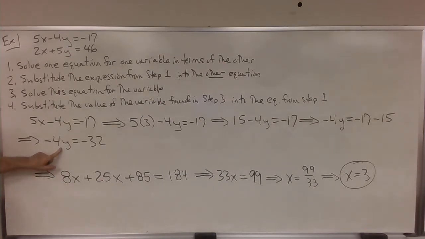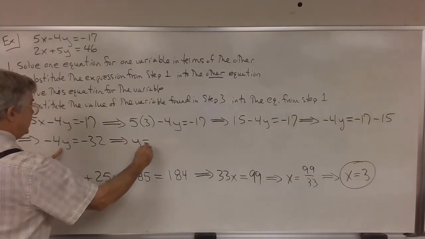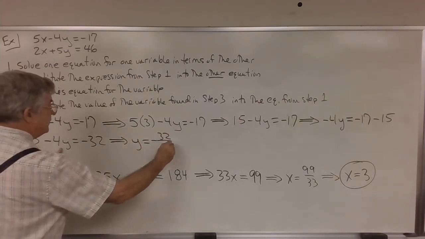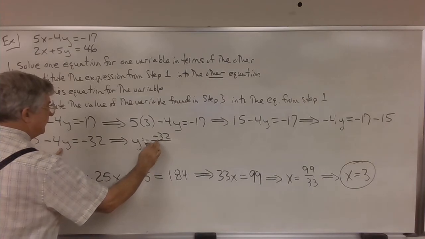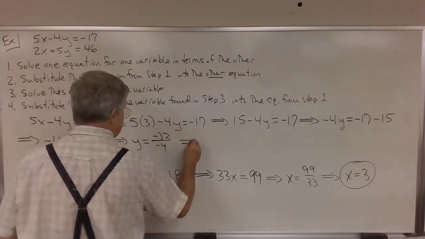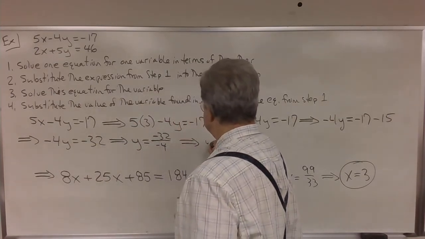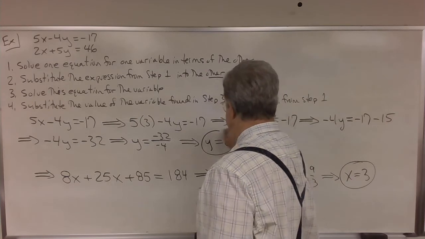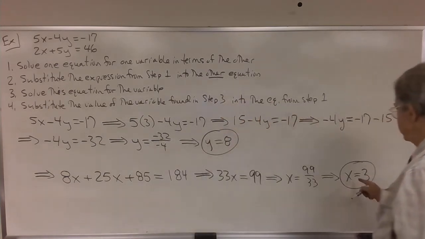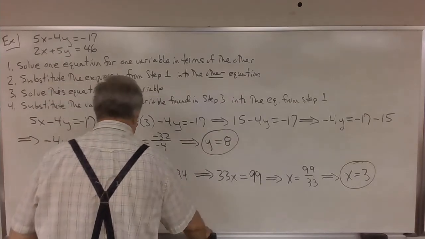And then I just divide both sides by negative 4. y equals negative 32 over negative 4. y equals 8. x equals 3, y equals 8. That's my proposed solution.